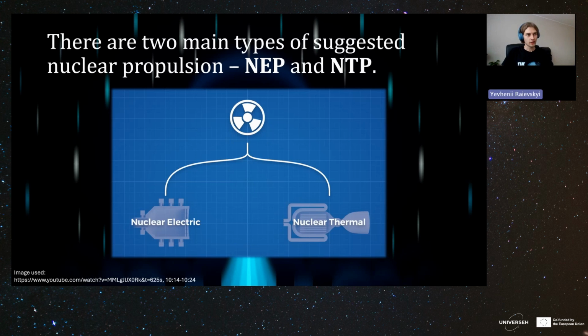Two leading concepts have been explored for nuclear propulsion in space: nuclear electric propulsion and nuclear thermal propulsion. These technologies promise higher performance for deep space missions, and both the European Space Agency and NASA are highly engaged right now. NASA is engaged in nuclear thermal propulsion engines, and ESA mainly in nuclear electric propulsion engines.